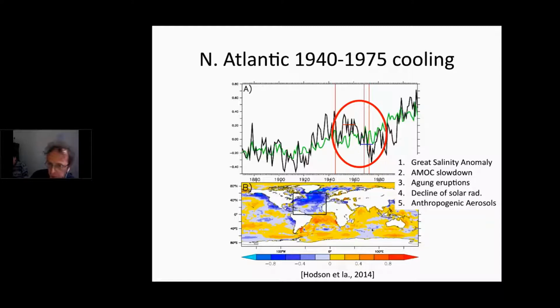Volcanic eruptions were also invoked as another possible driver, because during the early 60s in particular there were events associated with the Agung volcano. There was also a decline of solar radiation, and anthropogenic aerosols. So as you see, there is a wide range of potential causes and candidates, but none of those so far has emerged as the major driver.